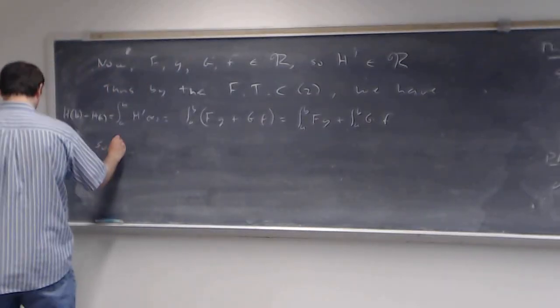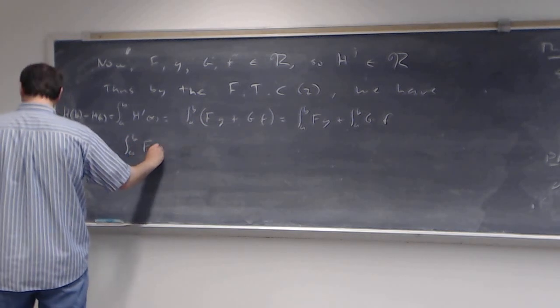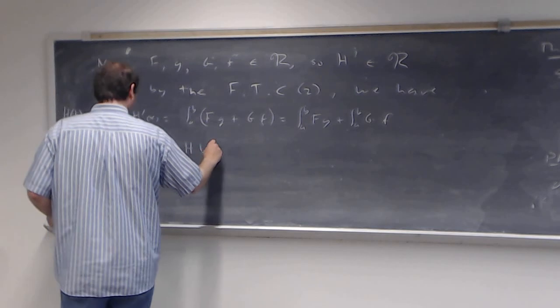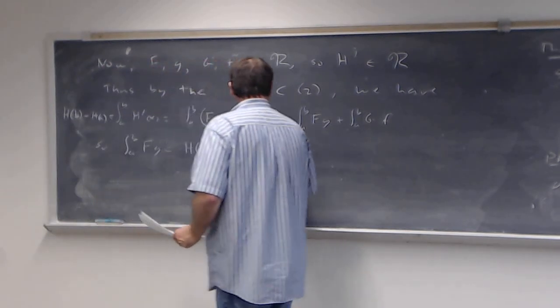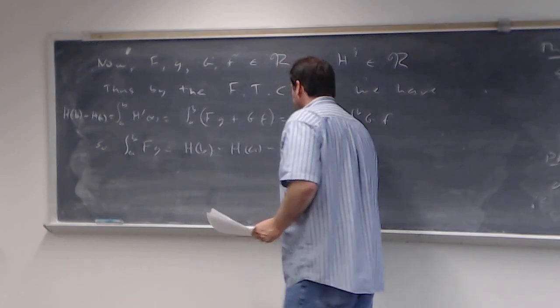So, the integral from a to b of big F times little g is going to be equal to h of b minus h of a minus the integral from a to b of big G times little f.